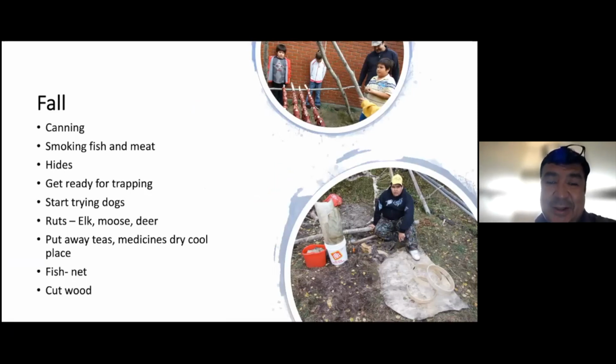So we're hanging meat. We're making sure that the wood's piled up. We're making sure that the skidoos are ready to go. Our dogs, are we training them up? Are they getting ready? Because we do dog sledding, and some people would call that canine therapy.